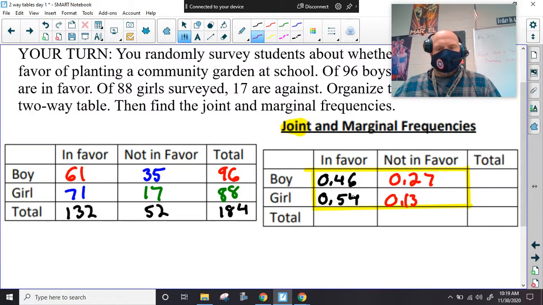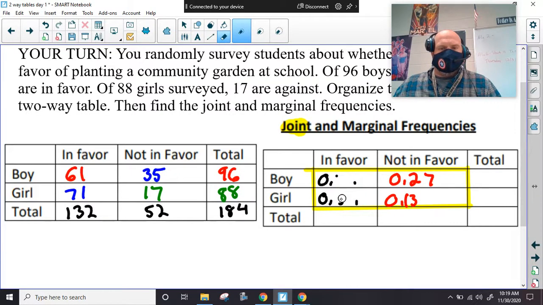So now if we add these up, did I do that right? Oh, that's why I was doing it wrong. I was dividing by 132.